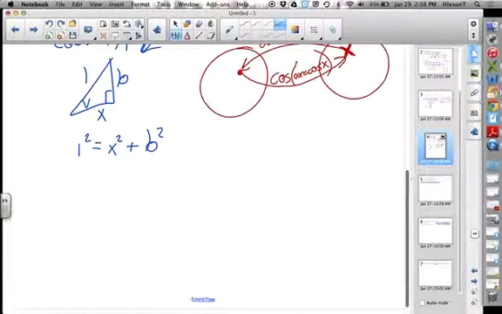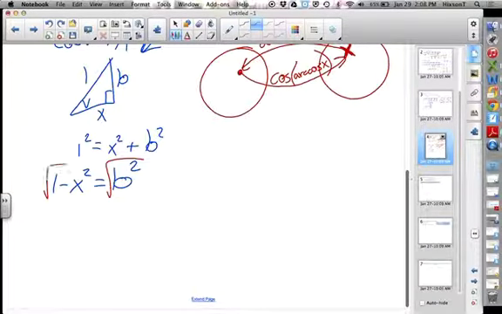So we would subtract the x squared, 1 minus x squared, and then we would square root. Again, we get the square root of 1 minus x squared for this side, but then the sine of this would be that over 1. Okay?